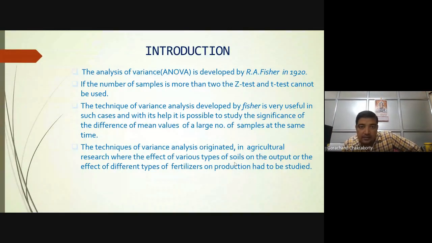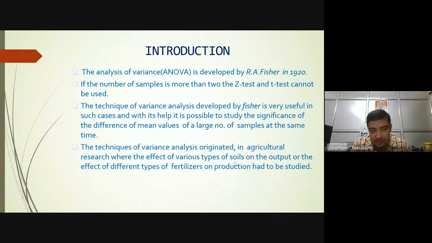With its help, it is possible to study the significance of the difference of mean values of a large number of samples at the same time. This is the importance of this technique.